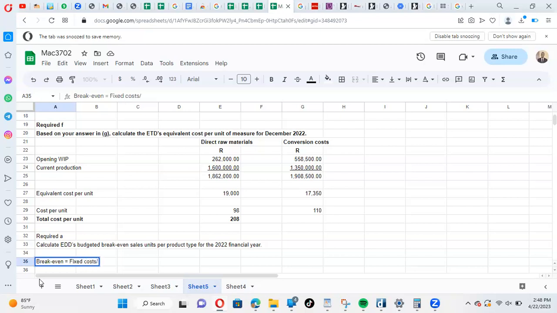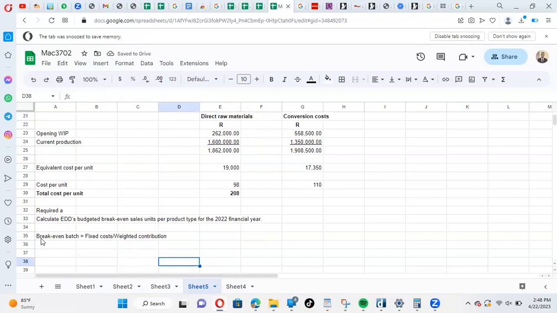Fixed cost divided by weighted contribution. So what does that give us? It basically gives us a break-even batch. That's what that one gives us there.